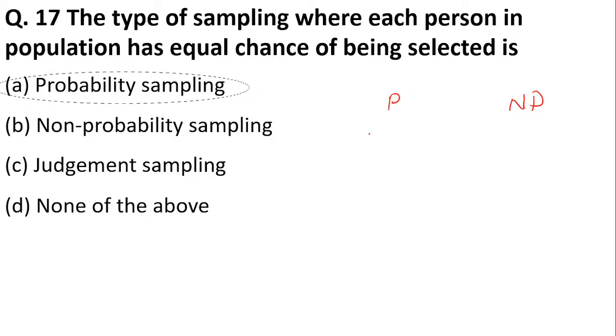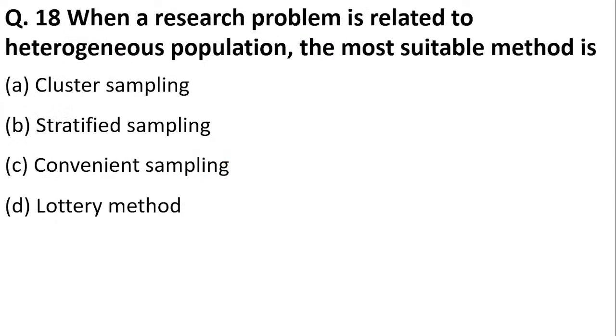In probability sampling, the chances of getting picked up are equal, and here the chances of getting picked up are not equal. Okay, so sampling is the process of collecting objects or data from a population, or people. Judgment type sampling is a kind of non-probability sampling.